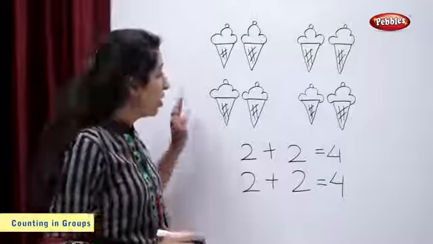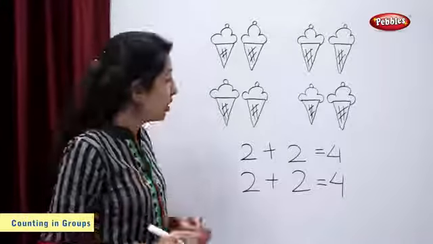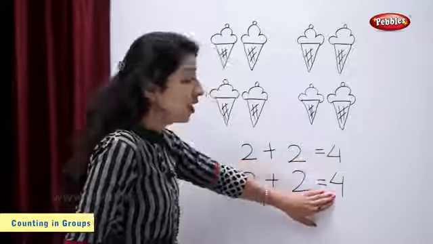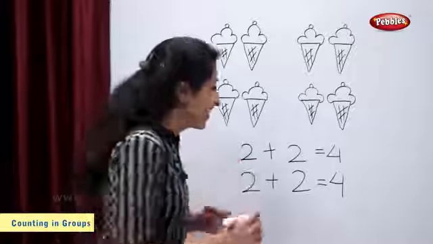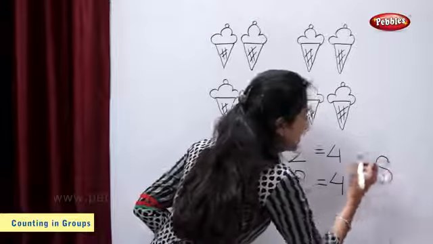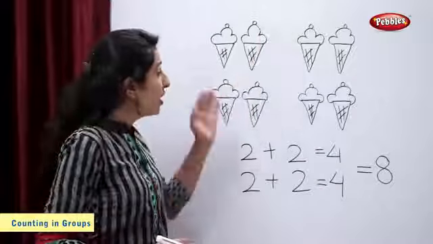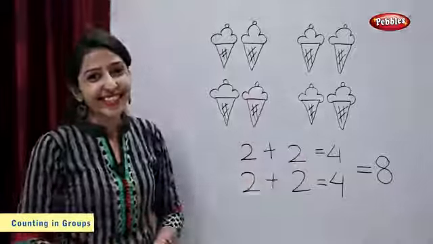So there are 4 ice creams in the second row. Now 4 plus 4 is equal to 8. So there are total 8 ice creams on the board.